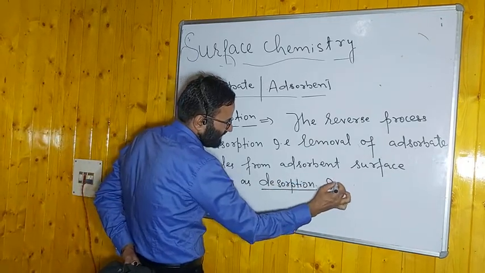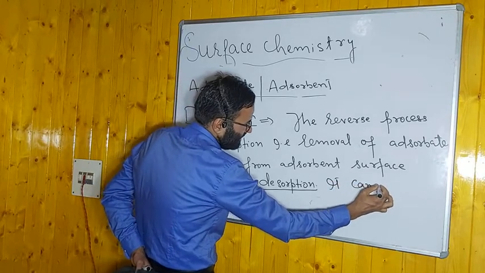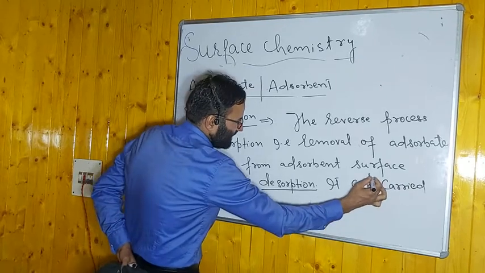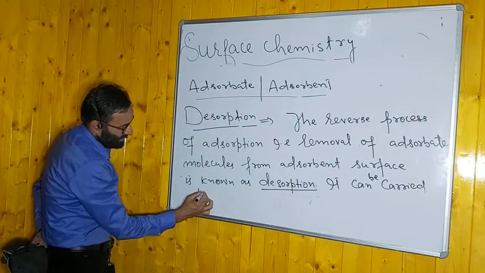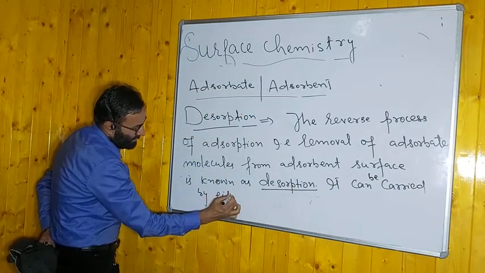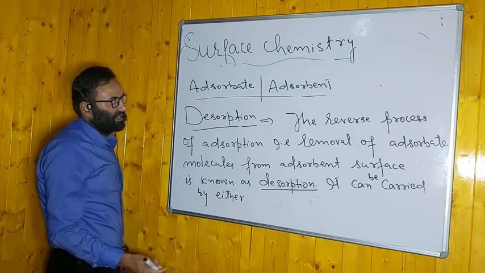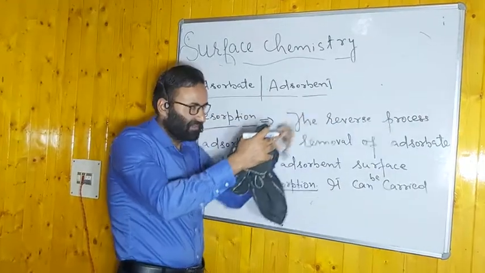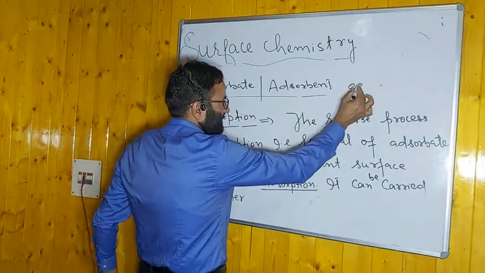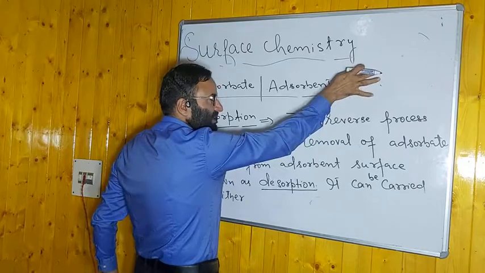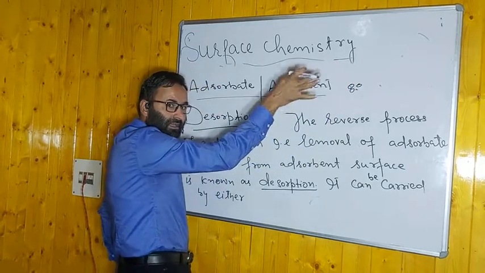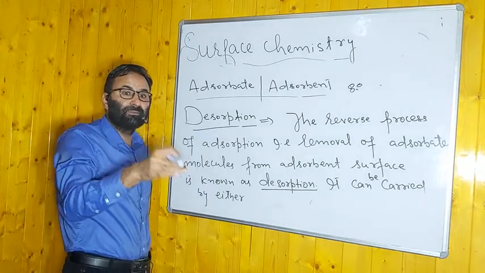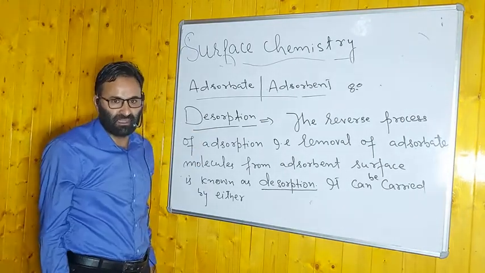How you can carry desorption? You have to later on discuss it also. It can be carried by either decreasing pressure. For example, gas gets adsorbed under pressure. For example, gas molecules gets adsorbed on the board under high pressure. But if you decrease the pressure, gas molecules will come out. It means that by decreasing pressure, desorption process can be carried out.